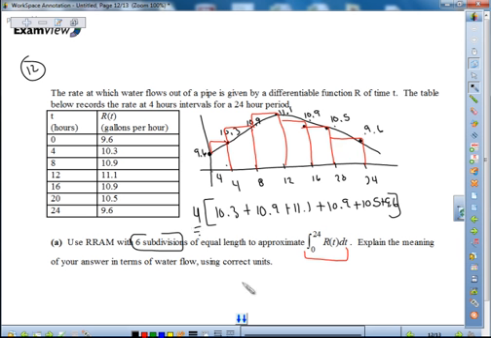Remember, each of them has a base of 4. So you're just multiplying each one by 4, or you can factor out a 4. So if you add all of this up, you should get 253.2.